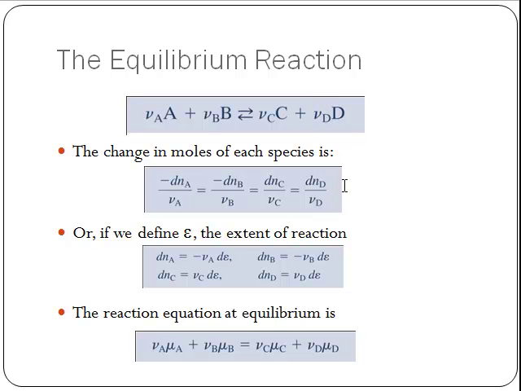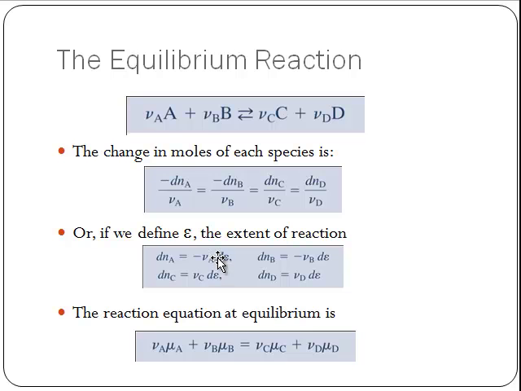And so if I define something called d epsilon, epsilon being the extent of reaction, that would be something that would have a stoichiometric coefficient of 1, whatever that would be. And for a stoichiometric coefficient of 1, it would be equal to the change in moles of D divided by the stoichiometric coefficient of D, or the negative change in moles of A divided by the stoichiometric coefficient of A. So I could solve for the change in number of moles of each one of these based on the stoichiometric coefficient times d epsilon.